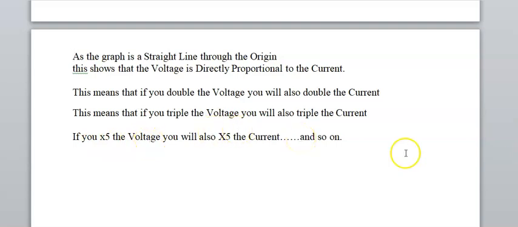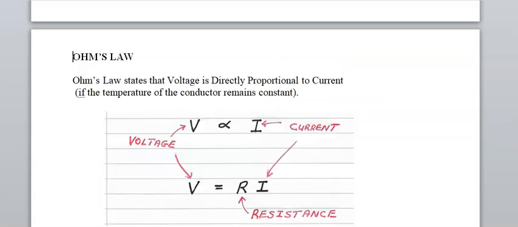This mathematical relationship we call Ohm's law. It was first developed by Georg Simon Ohm, a Prussian, now modern-day Germany, in I think the year 1824 or thereabouts. Ohm's law states that the voltage in a circuit is directly proportional to the current flowing through that circuit. This is a very important relationship, so it's one that we should highlight.